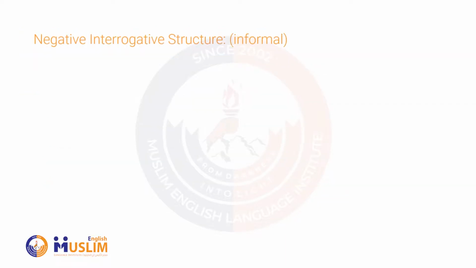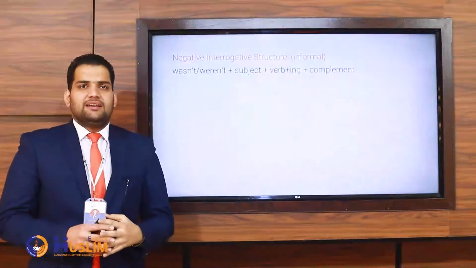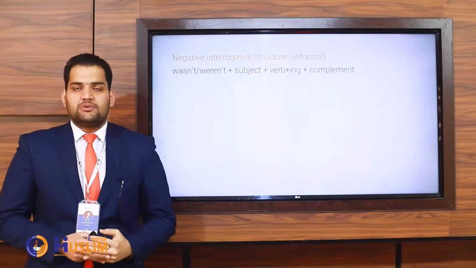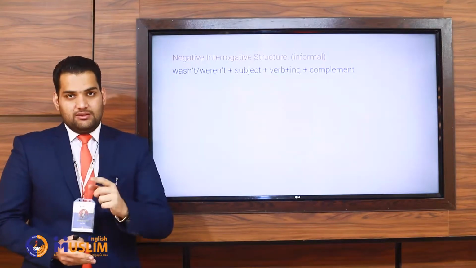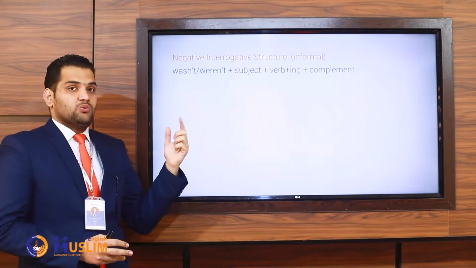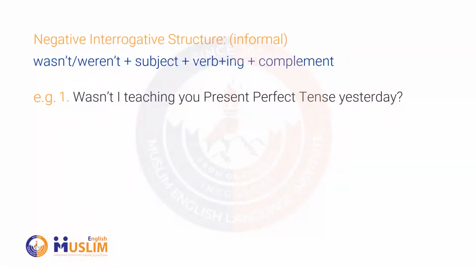Now, the last structure is negative interrogative but informal. So what is it? Wasn't or weren't plus subject plus verb ing plus complement. As you all know, in the negative interrogative informal structure, we use the contractions of the helping verbs with not. So in this case, we use wasn't or weren't. For example, wasn't I teaching you present perfect tense yesterday?